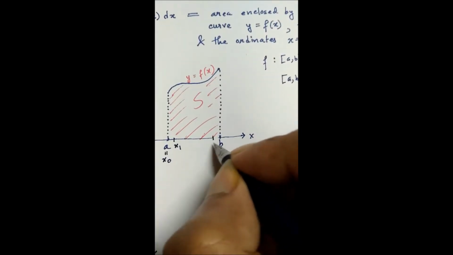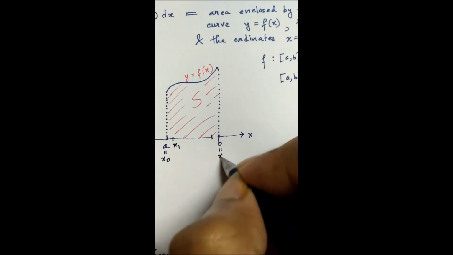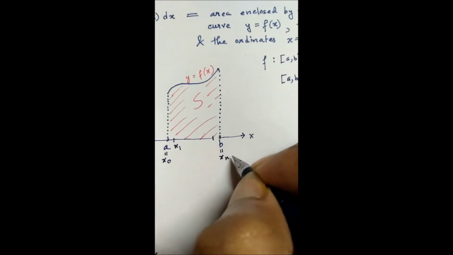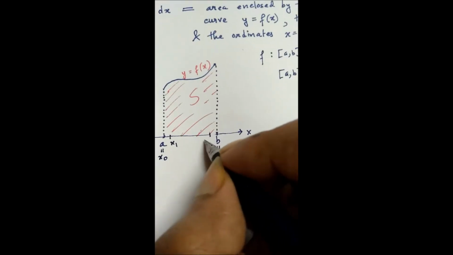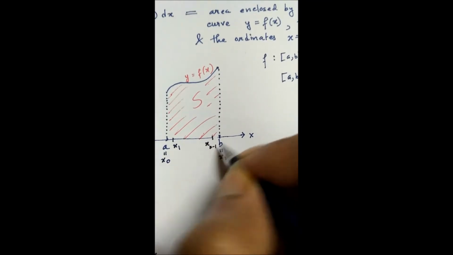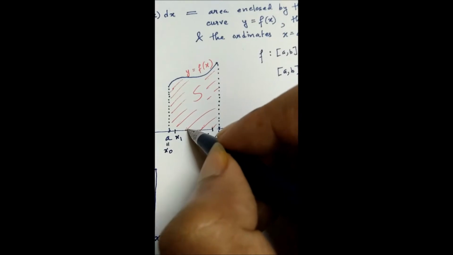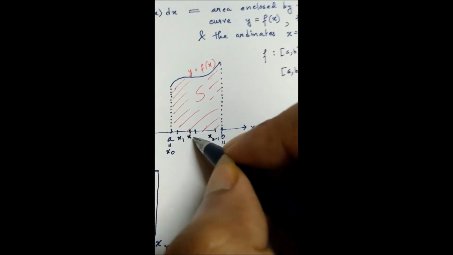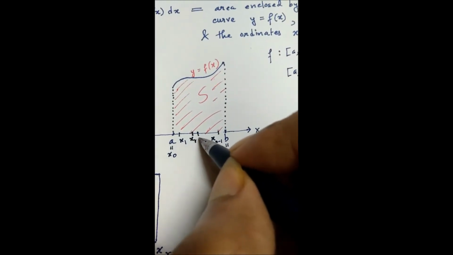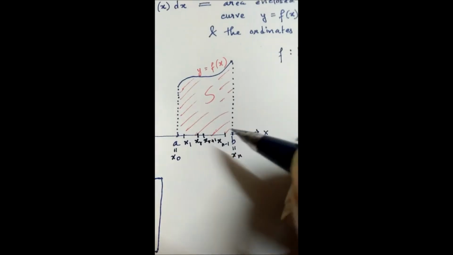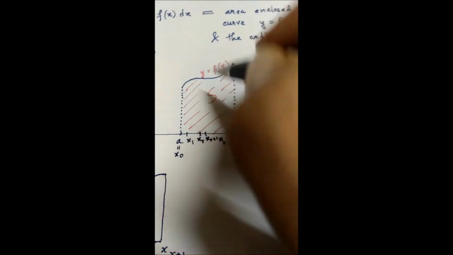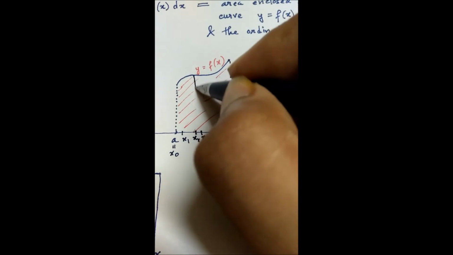The last one would be b, which is xn. So the penultimate one would be xn minus 1. Just to give a general idea, any strip in between will be xr to xr plus 1. It's getting a bit clumsy here, but we'll manage.